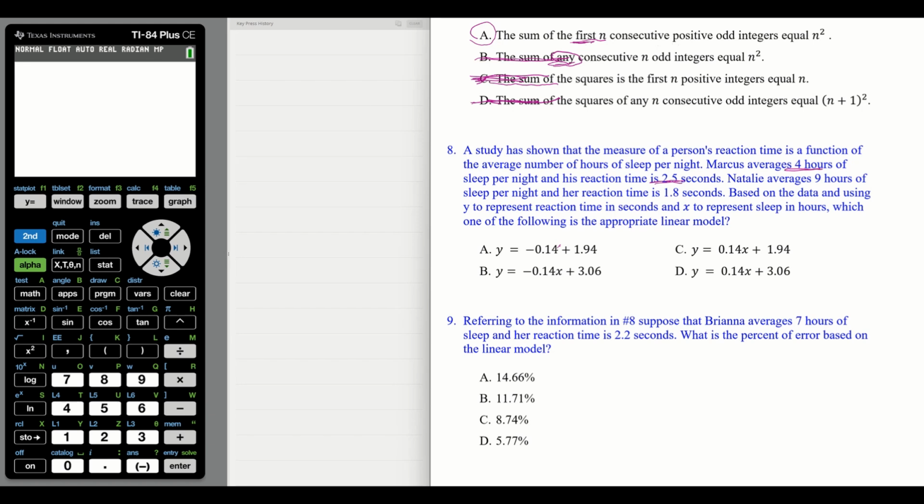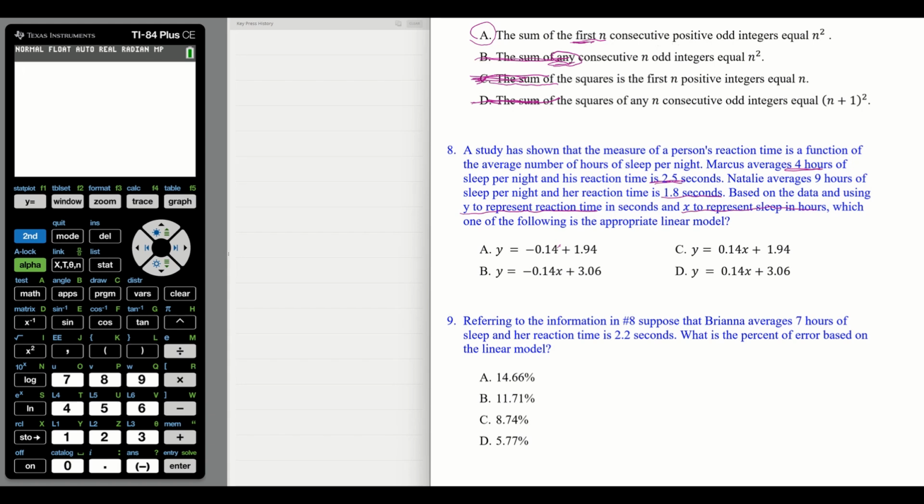Natalie averages 9 hours of sleep per night, and her reaction time is 1.8 seconds. Based on the data, using Y to represent reaction time in seconds, and X to represent sleep in hours, which one of the following is the appropriate linear model?